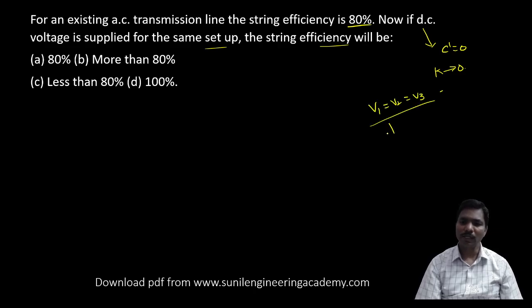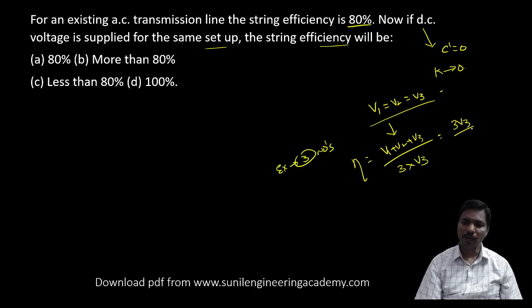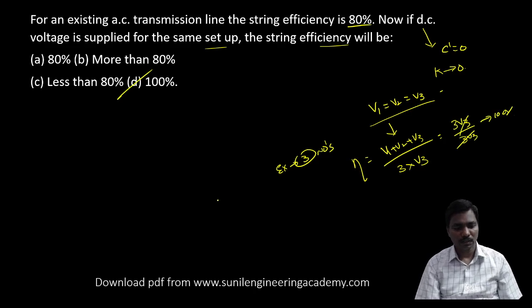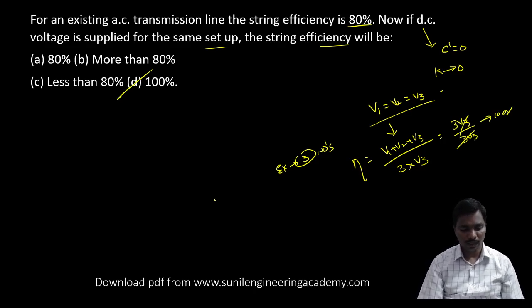Whenever voltages are equal, what about the string efficiency? Total V1 plus V2 plus V3 by the number of discs. Example, I am taking 3 discs. All are equal, so 3V3 by 3V3. So you will get 100%. The string efficiency may be 100%.